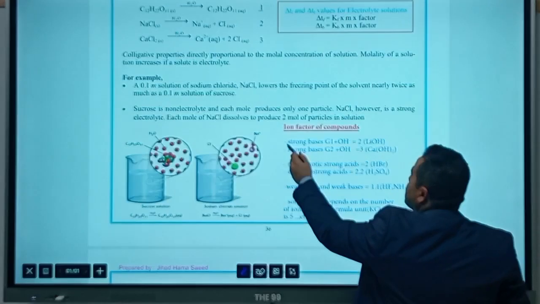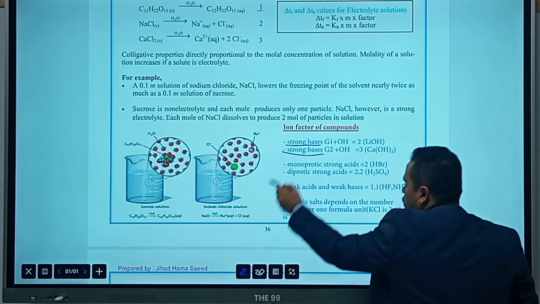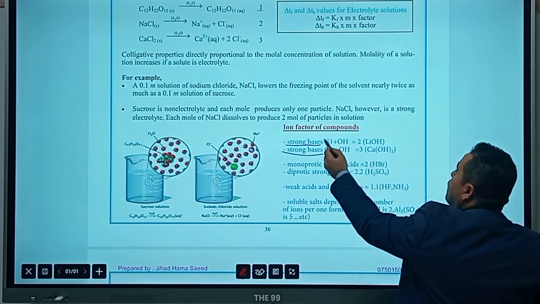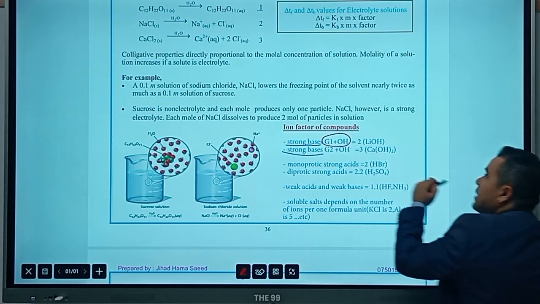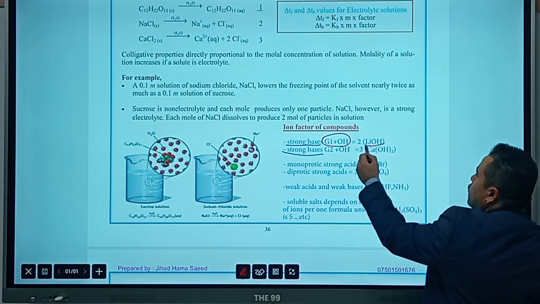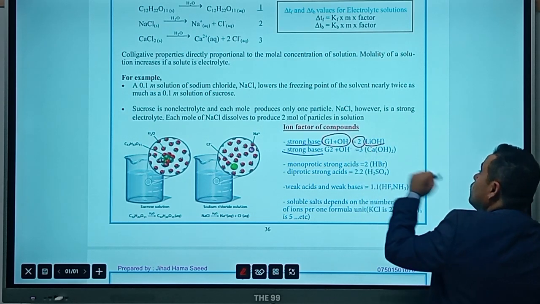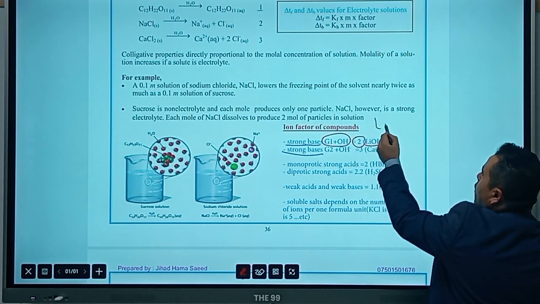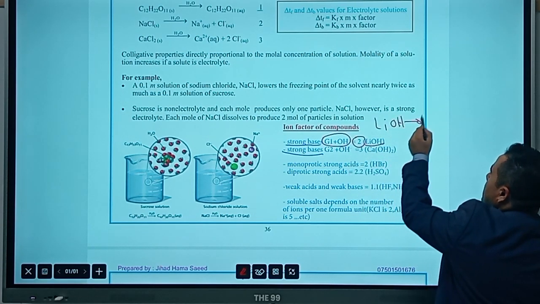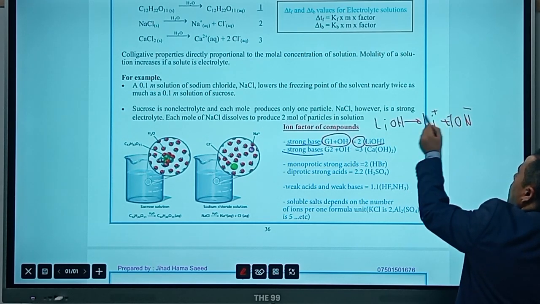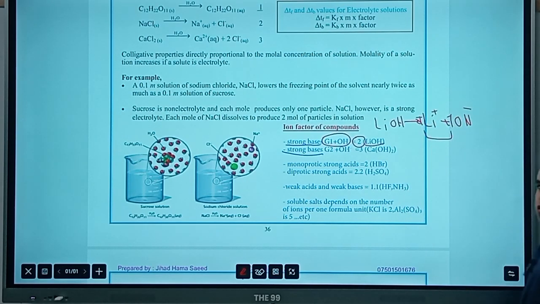For the strong bases, guys, we have 2 types. One is the group 1 plus hydroxide, like lithium hydroxide. The group 1 plus hydroxides have an ion factor of 2, because when you dissociate this, you get 1 plus 1, 2 particles.